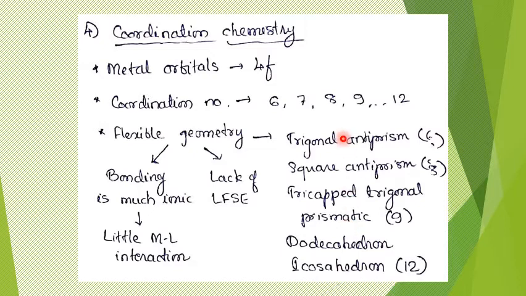So I request you all to search for these geometries on the internet and make yourself familiar with them. This is for coordination number 9, tri-capped trigonal prismatic, and similarly icosahedron for coordination number 12. Different kinds of geometries are possible.